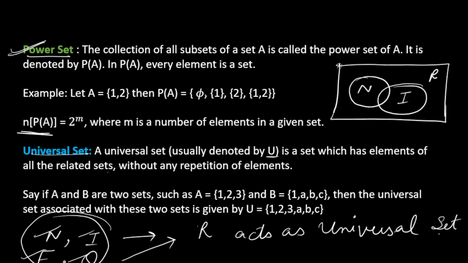And mostly the students will get confused between power set and universal set. See, power set is not the bigger set from which we are taking other sets. Power set is just the collection of all the subsets. So both the things are different. I hope you have understood the difference between these two.